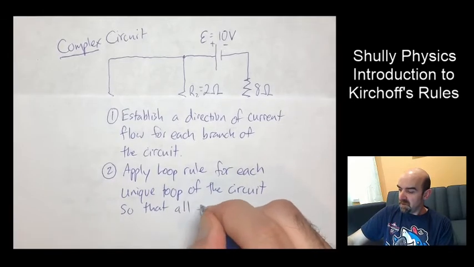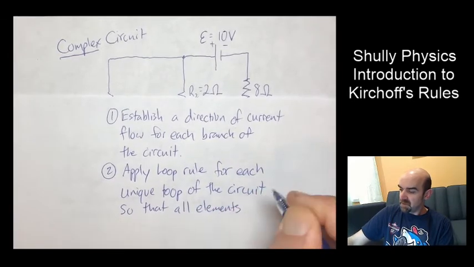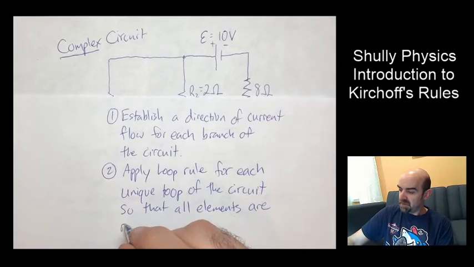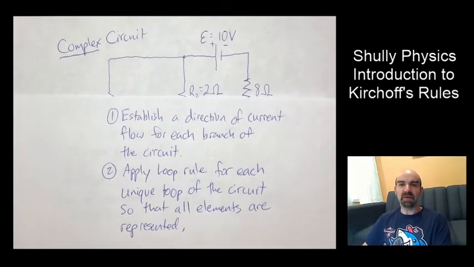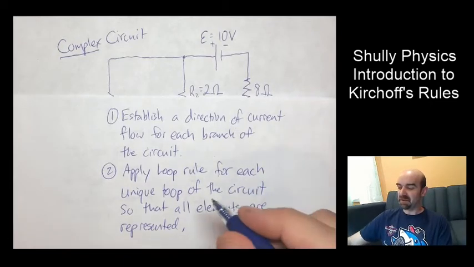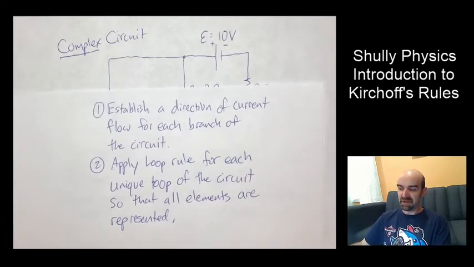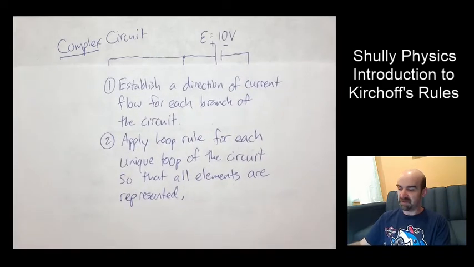I use the word elements there, meaning batteries or resistors, EMF sources. Later on, we're going to include capacitors. Not later on in this video, but in a later notes video.